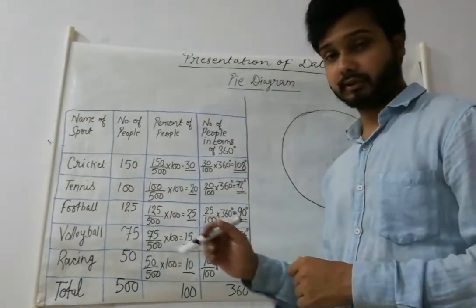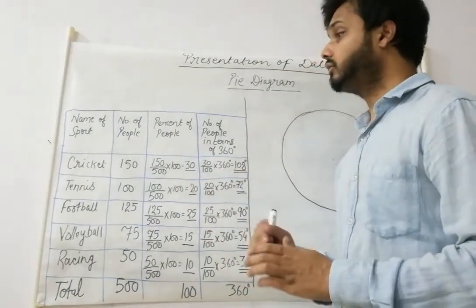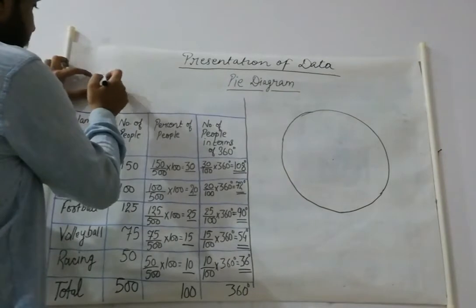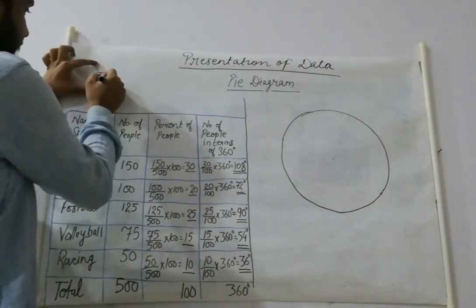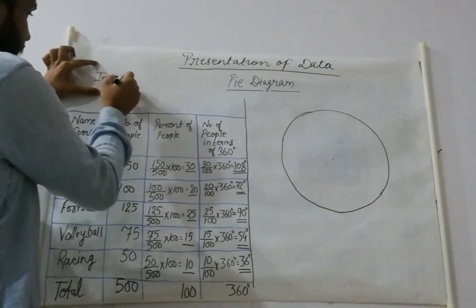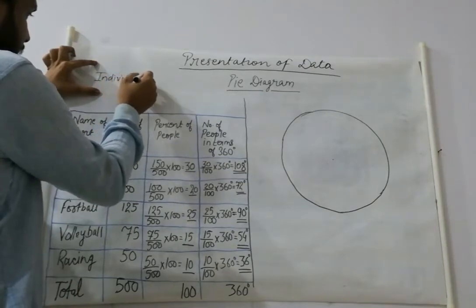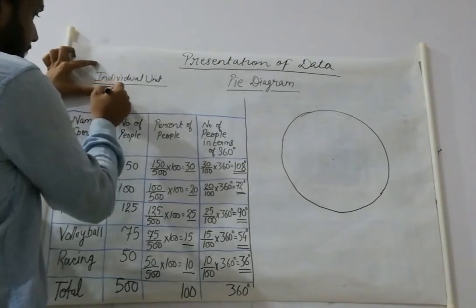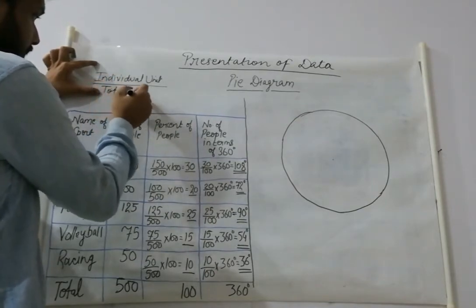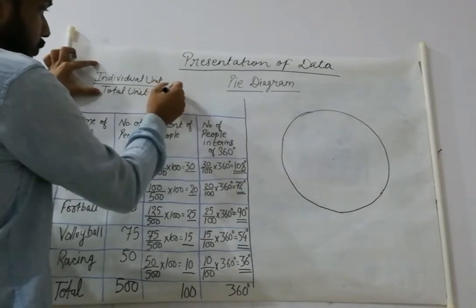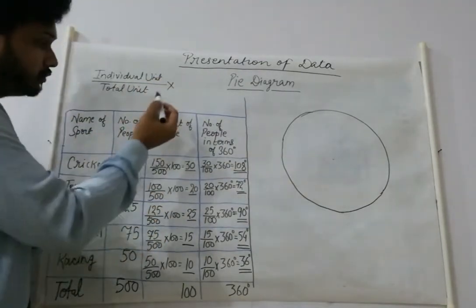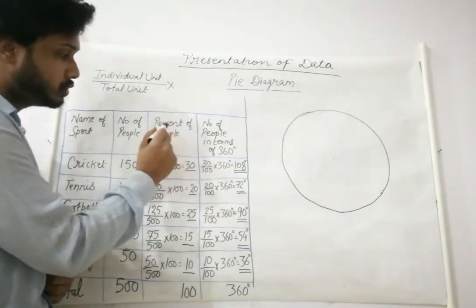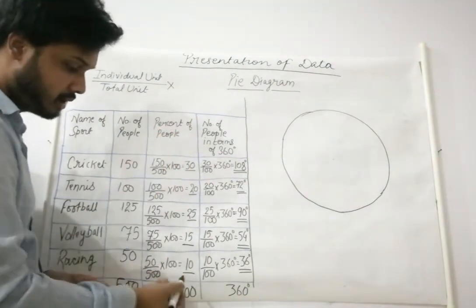First one is 150, for cricket. The formula used here, always, is individual unit upon total unit, into, if you want to convert into percentage, the total percent is always 100.